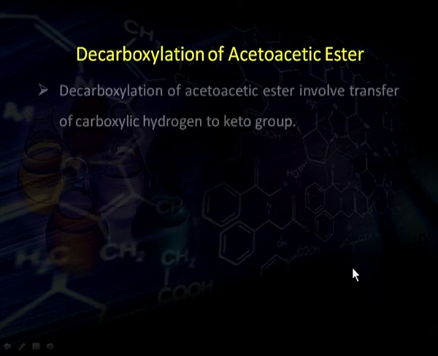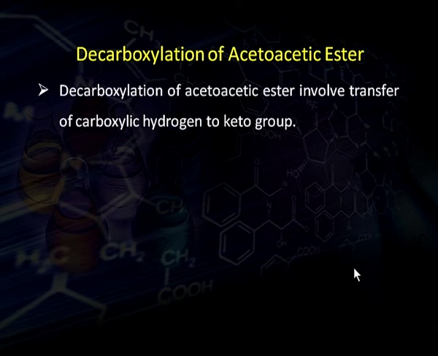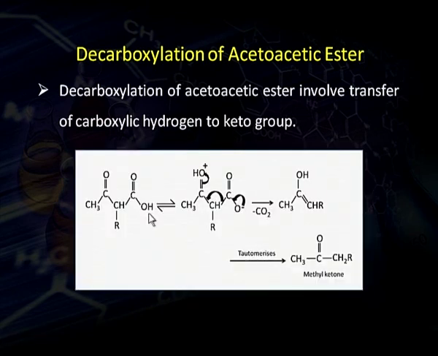Now, decarboxylation of acetoacetic acid involves transfer of the carboxylic hydrogen to the keto group. It forms a protonated enol. This loses electrons here. Transfer takes place this way.